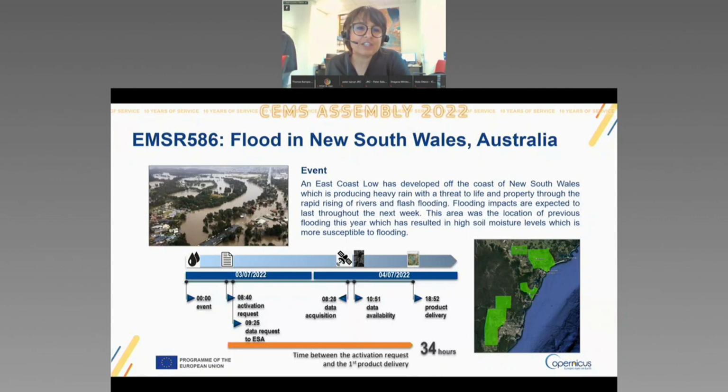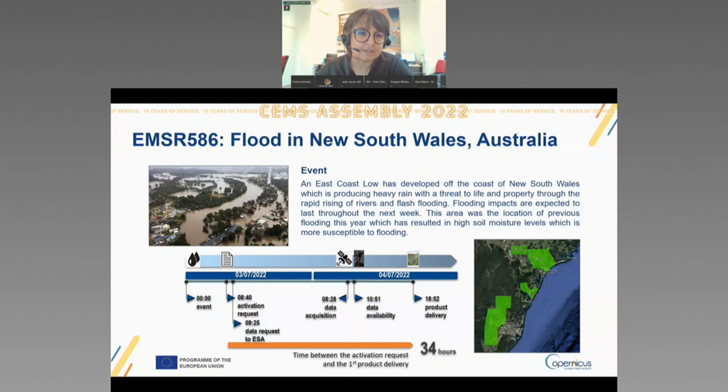Again, here there is a picture of the typical workflow. So we received the activation several hours after the beginning of the event. During the first hours, we defined the first 3 areas of interest with the user, and we collected all the details to define the rapid mapping production plan.